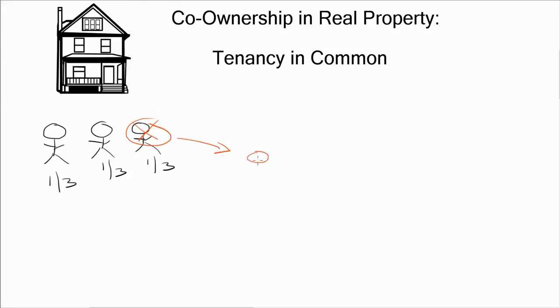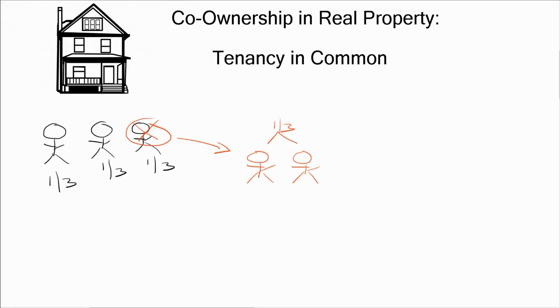So they could leave their 1/3 interest to their 2 children, and child number 1 and child number 2 cannot prevent this from happening. Now child number 3's 2 heirs are going to share in that 1/3 interest as tenants in common along with the original 2. In other words, whatever your percentage of ownership is, you can do with it what you'd like.